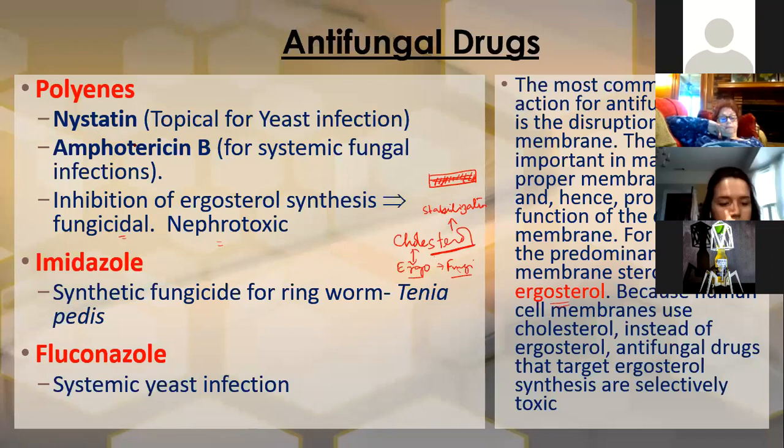Now the polyene group has a nephrotoxic effect, meaning it is very harmful for the kidney. Imidazole is a synthetic fungicide for ringworm, specific for Tinea pedis. Fluconazole we use for systemic yeast infection.